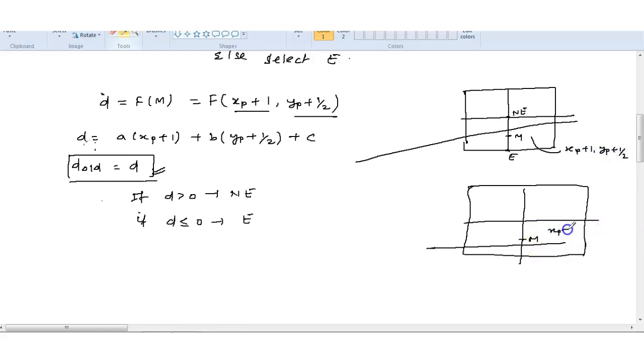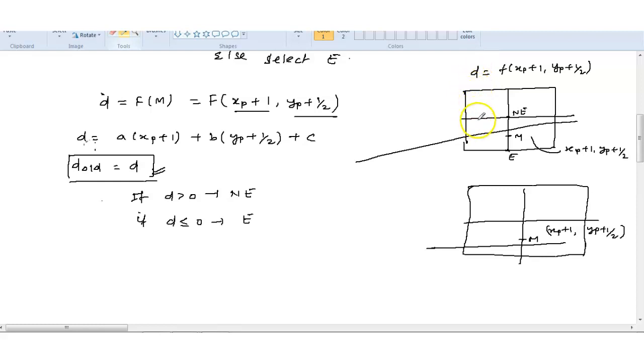If you substitute it in this straight line equation, we will get either greater than 0 or less than 0. So we have substituted this coordinate f of xp plus 1, yp plus half in the function, and we consider that as d.